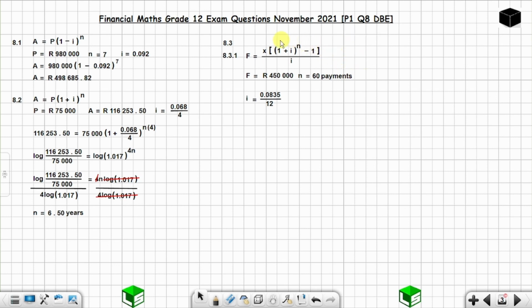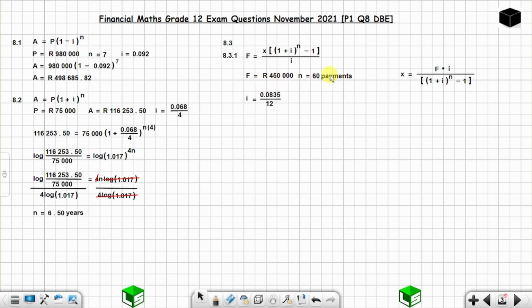What you do on the right, you're also going to do on the left. You're going to get X on the right side. This is equal to, you do the same on the left side, so this is what you get: F times I. You multiply by I over this on both sides.